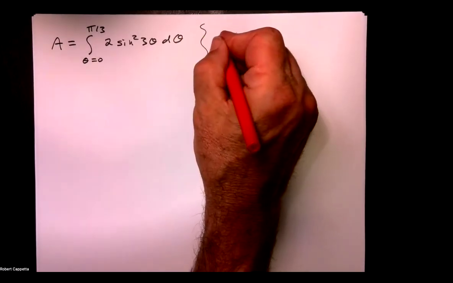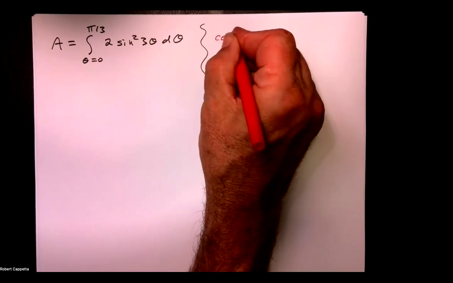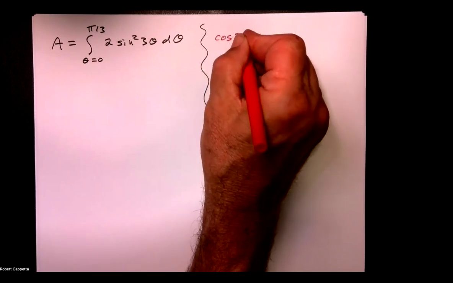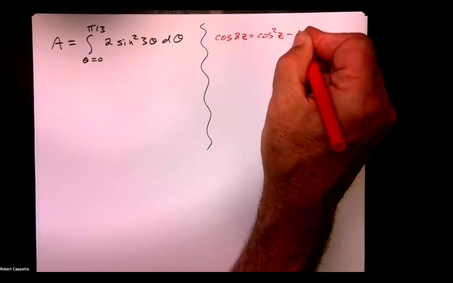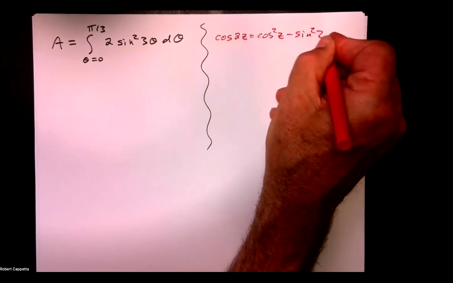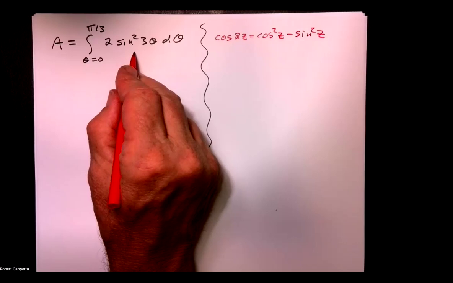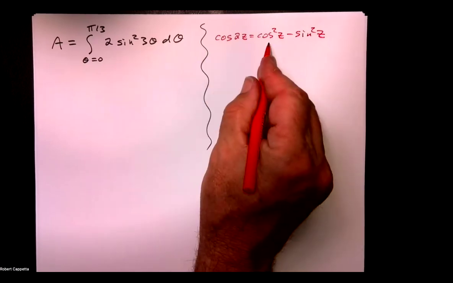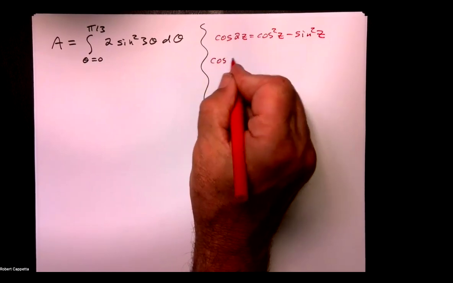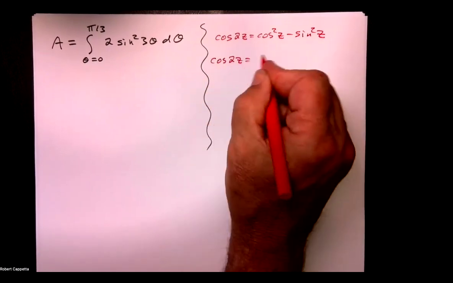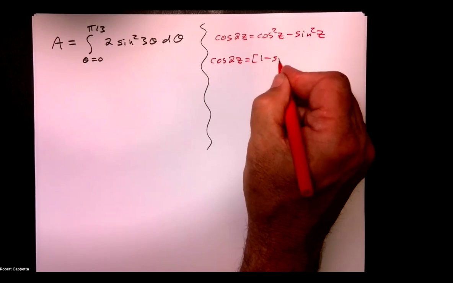I'm not going to use theta here. So I'll say maybe cos 2z is cos squared z minus sine squared z. And this time I need to keep sine squared, so I'm going to use my Pythagorean identity, rewrite cos squared as 1 minus sine squared. So we get cos 2z is 1 minus sine squared z minus sine squared z.